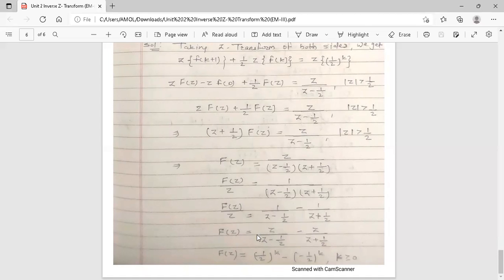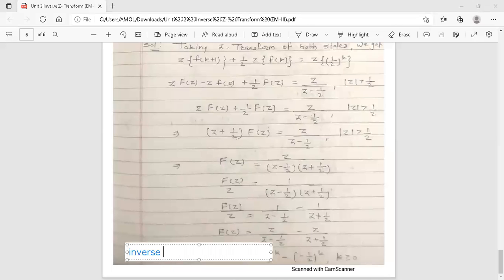Now the inverse Z transform for this sequence is here.